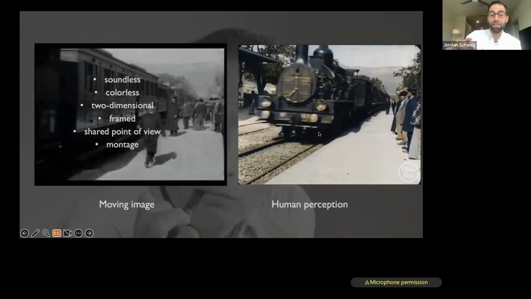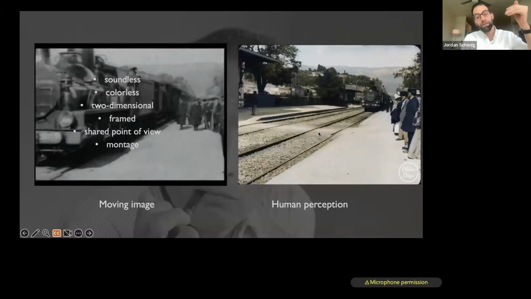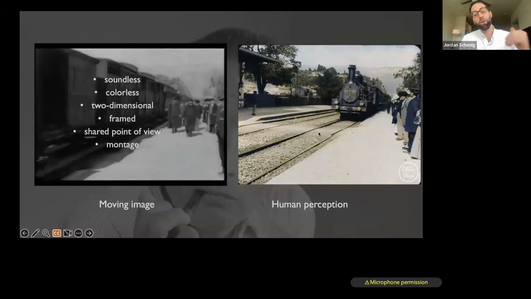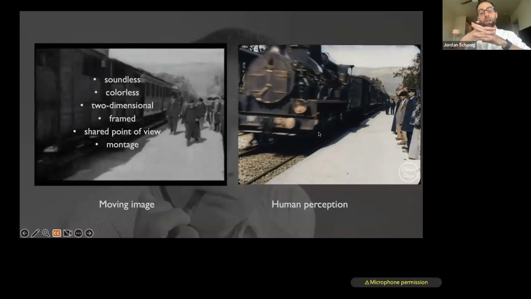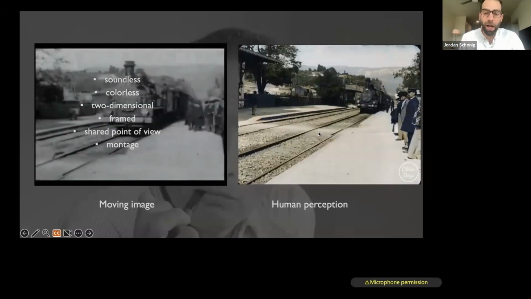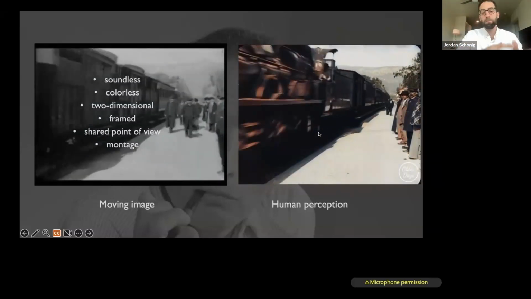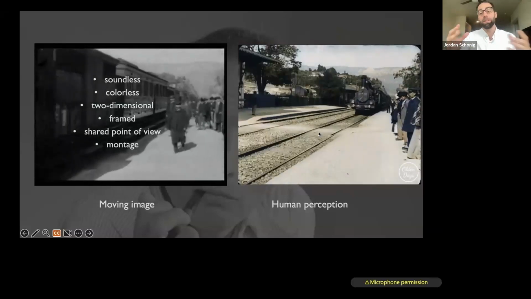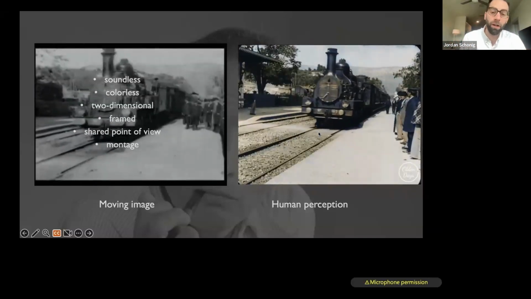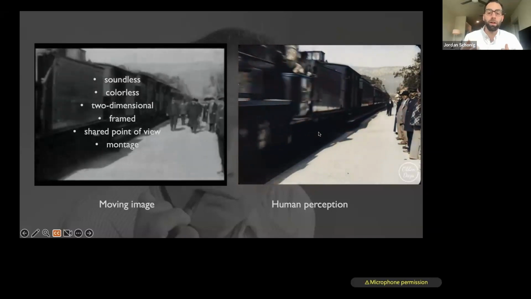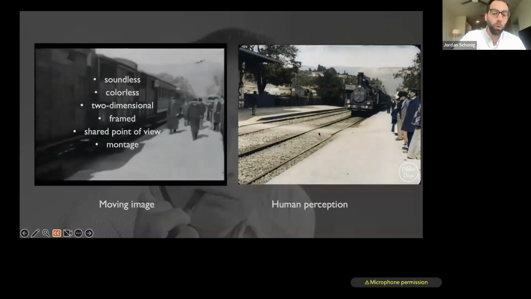So film is at once an image and also a very lifelike picture of the world, as if you're there in real life. It's the fusion of the two. And finally, Arnheim would acknowledge the degree to which montage, cutting and being able to jump from different space to space and from different time to time, is also, in an obvious way, transcending what a human perception of a real situation would do.